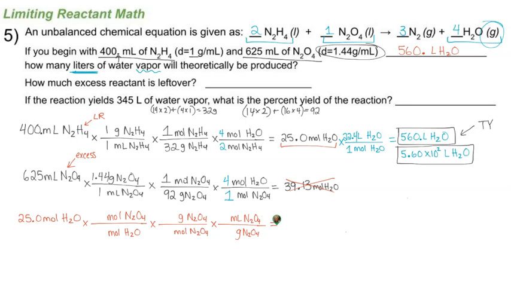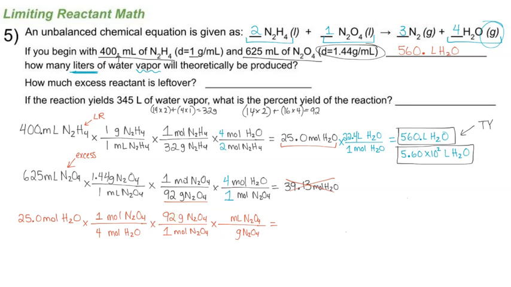Alright, so for our mole to mole ratio, we just look at our balanced chemical equation. N2O4 has a coefficient of 1 and H2O has a coefficient of 4, so that would be a 1 to 4 ratio. For our gram to mole conversion, we know that 1 mole of N2O4, we already calculated it out to be 92 grams.